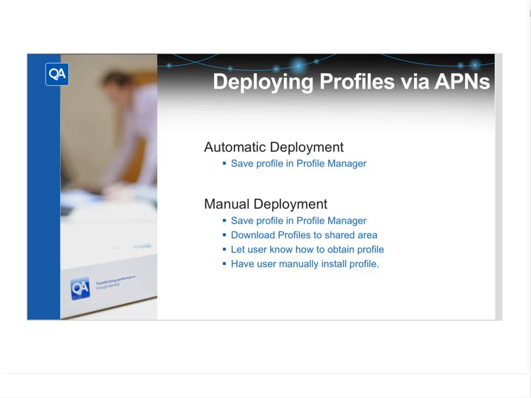Or if you're feeling very posh, you can create a web clip, which will simply take them to a web-based version of your profile store, and then your users can click on the profile they wish to download and install it directly onto their device. So the manual option does give you a bit more control, but the automation process of Apple Push Notification service really does make it a smart move to go down that route.